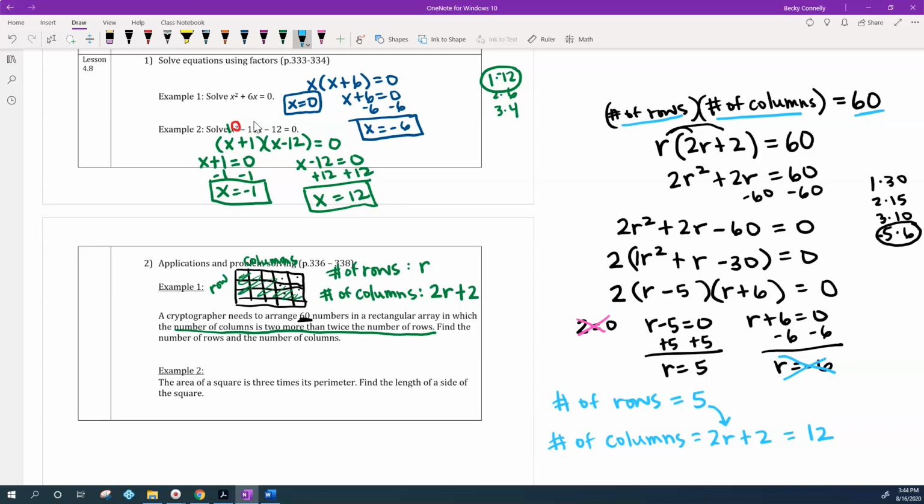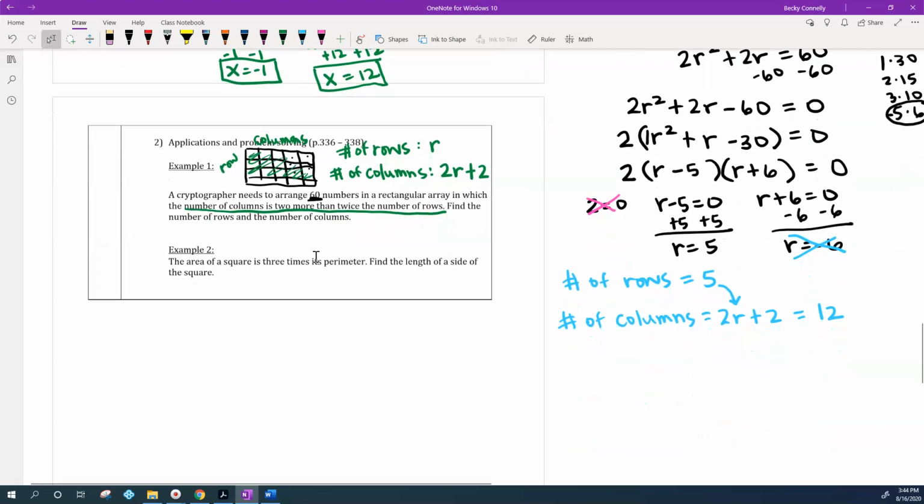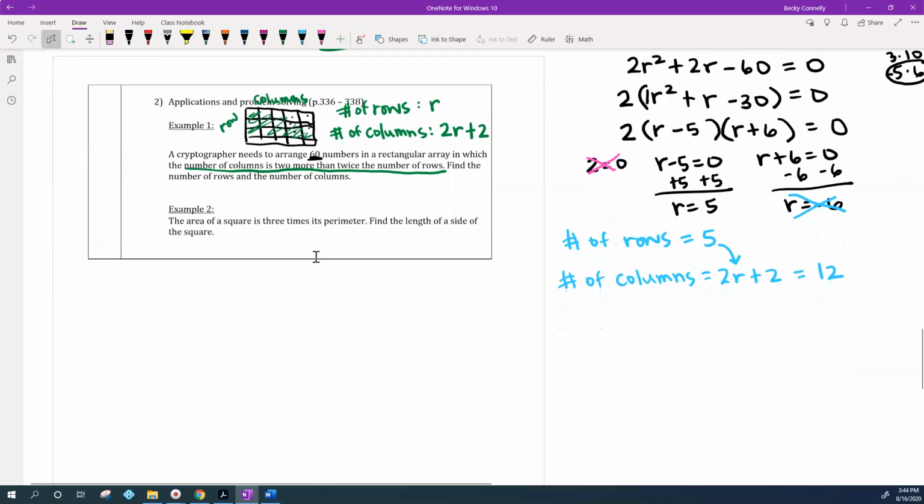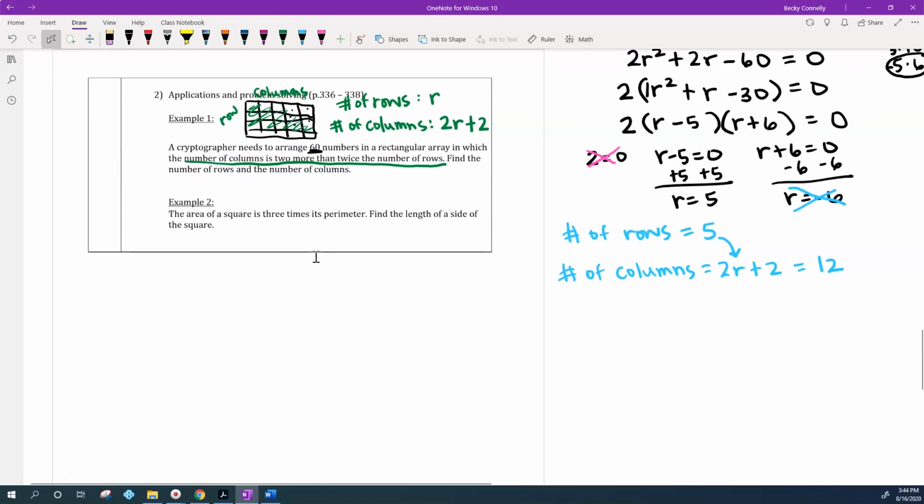Okay. All right, let's look at the other little story problem here too. The area of a square is 3 times its perimeter. Find the length of a side of the square. Whenever I'm trying to imagine in my mind what it is I'm trying to solve, I like to draw a picture of what I have.